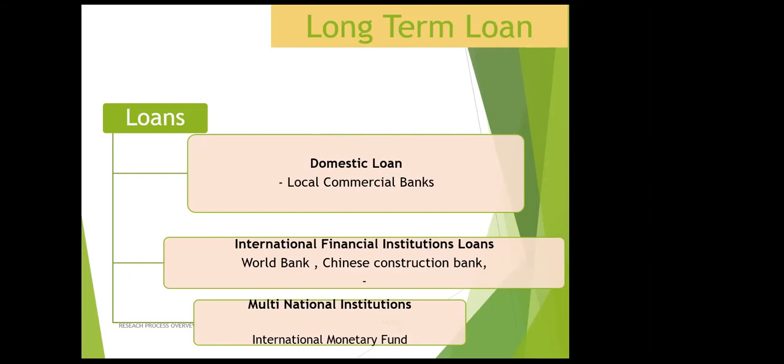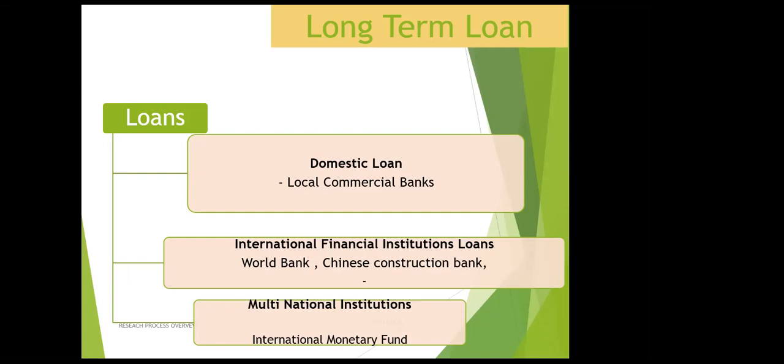Now I want us to look at the last segment. This is also very common in Africa now. Domestic markets, we know that nearly every one of us can access loans from the commercial banks. You can access long-term loans from commercial banks.